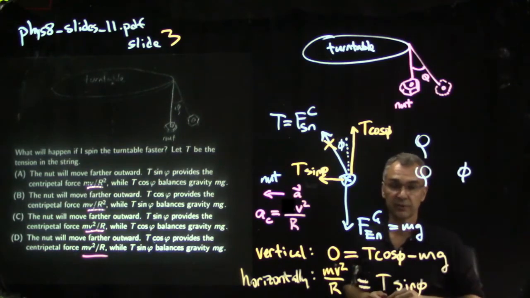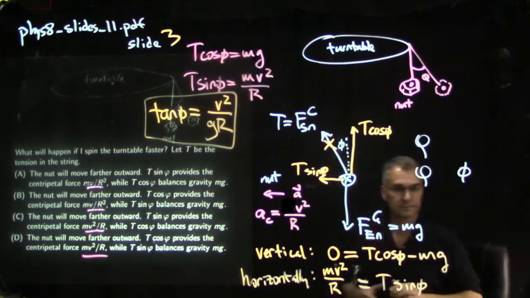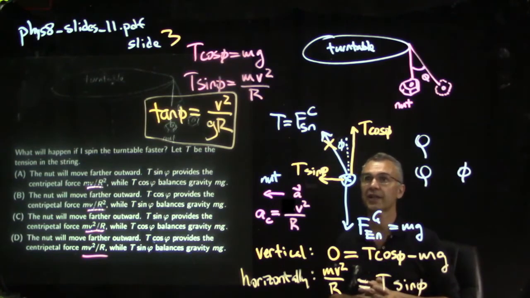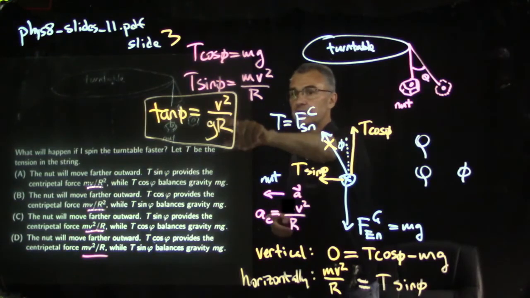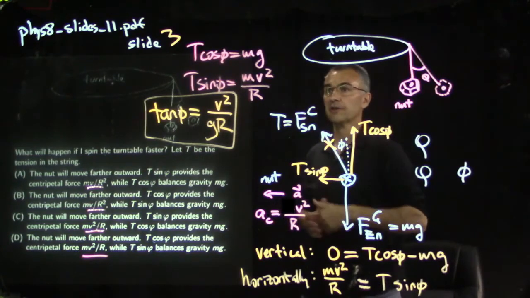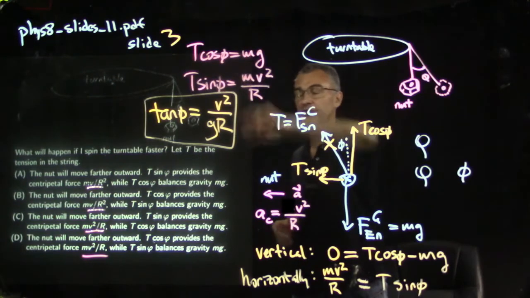So then what does that imply about the angle phi? I think we can say that the tangent of this angle phi with respect to the vertical is v squared over gr, because we can take sine phi divided by cosine phi, and that gives us this expression divided by this expression.